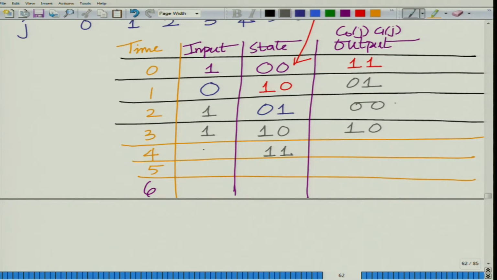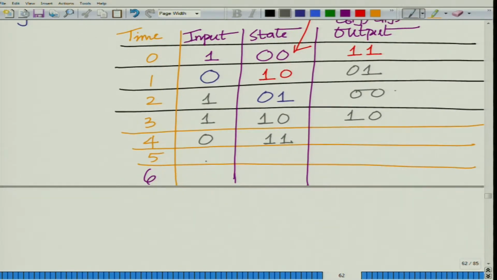At time instant 4 the input is 0, the next state is 0 1 and the output is 1 comma 1 0. At time instant 5 the input is 0, the next state is 0 0 and the output will be 1 comma 1. In state 0 1 we get input 0, correct, the next state is 0 0 and the output is 1 comma 1.